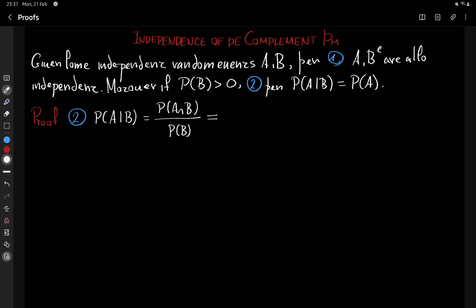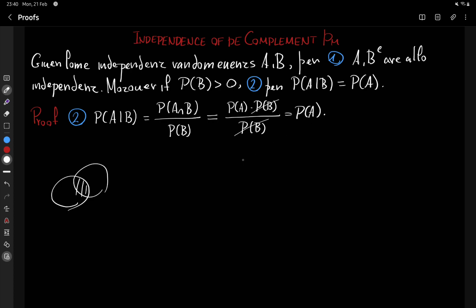But since the events are independent, we know that this is equal to the product PA times PB with the same denominator. And the reason for it, again, is quite intuitive. What is the chance that both the independent event A happens and the independent event B happens? Well, that's simply this. That's secondary school stuff. And here we cancel out the probability of B and we simply obtain the probability of A, which is what we wanted.